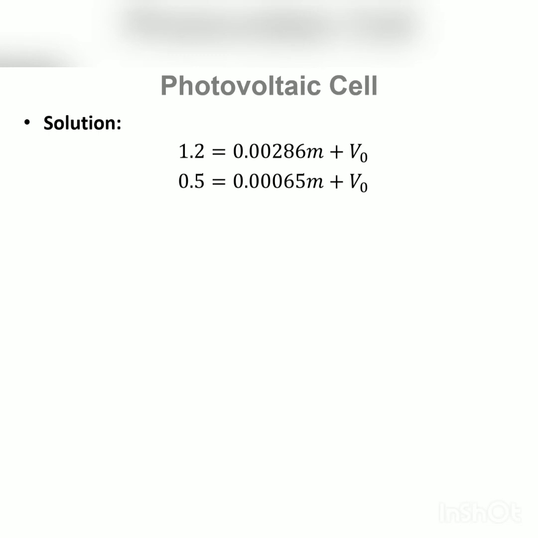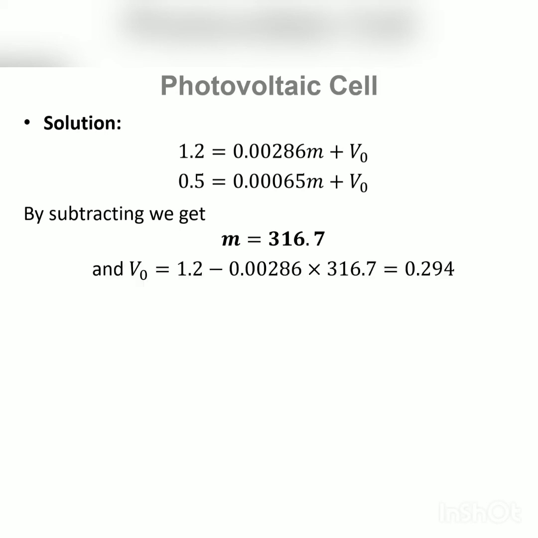From the given data, we have written these two equations, and remember, we have to find the two unknowns, M and VO. If we subtract these two equations, we get M equal to 316.7, and VO will be equal to 1.2 minus 0.00286 into 316.7, that is the value of M, which is equal to 0.294.